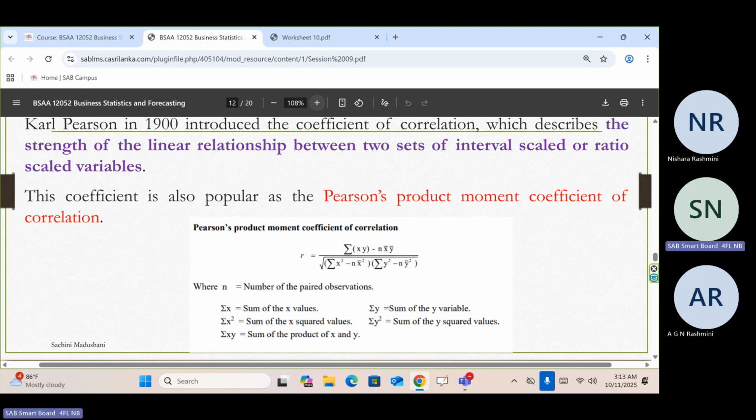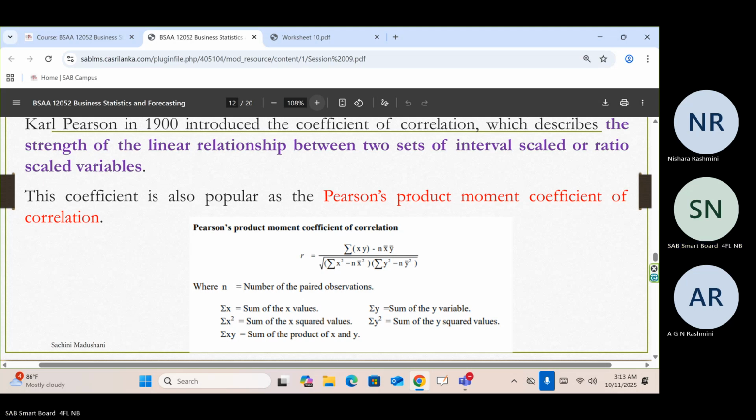Understood? Normally the correlation coefficient is denoted by simple r. Simple r represents the correlation coefficient. Understood? First you note down this formula, is it clear or not? I wrote it. I will write again.